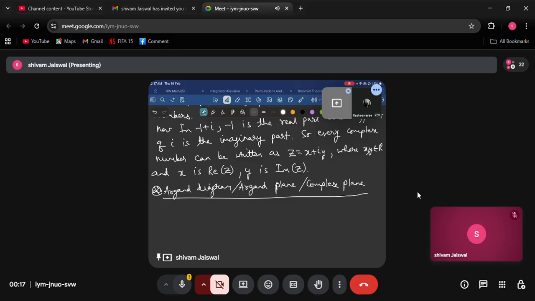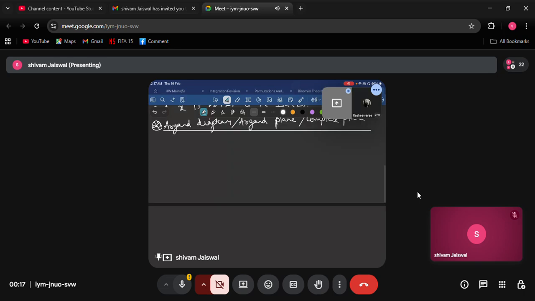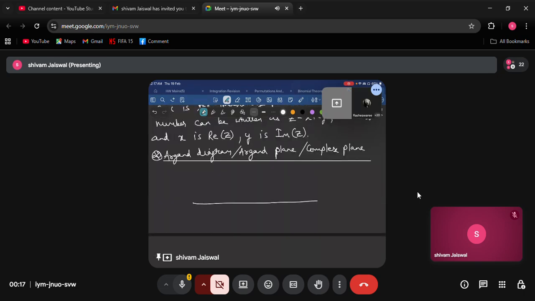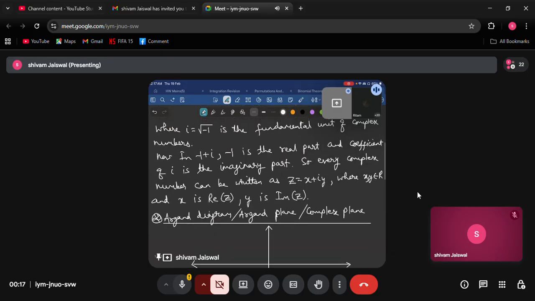Basically, a real axis and an imaginary axis intersecting at 90 degrees constitute the Argand plane.